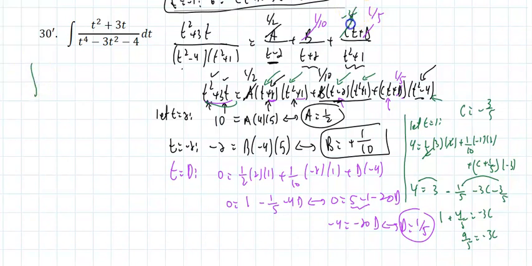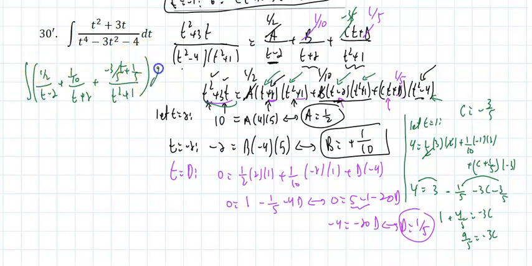Now, I could take a 1/10 out to make all of these constants. That makes life easier a bit. Or I could break it, it doesn't really matter. You know what, that is the integral, 1/2 the integral of dt over t minus 2, plus 1/10 over t plus 2, plus a -3/5 plus 1/5 over t squared plus 1 dt.